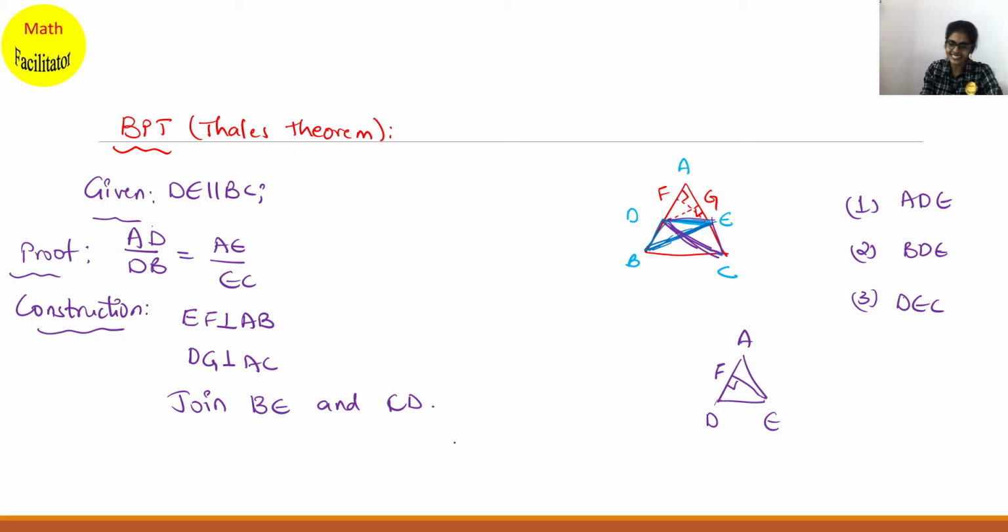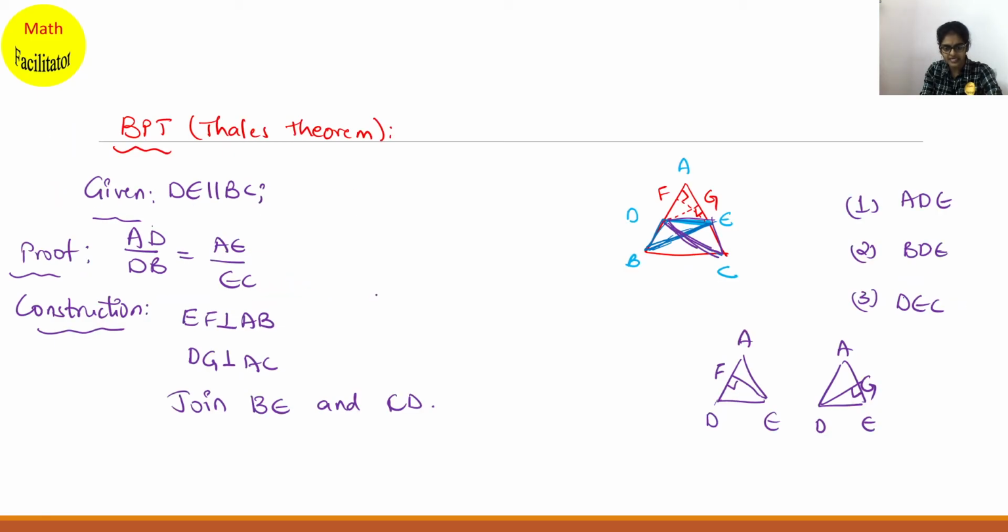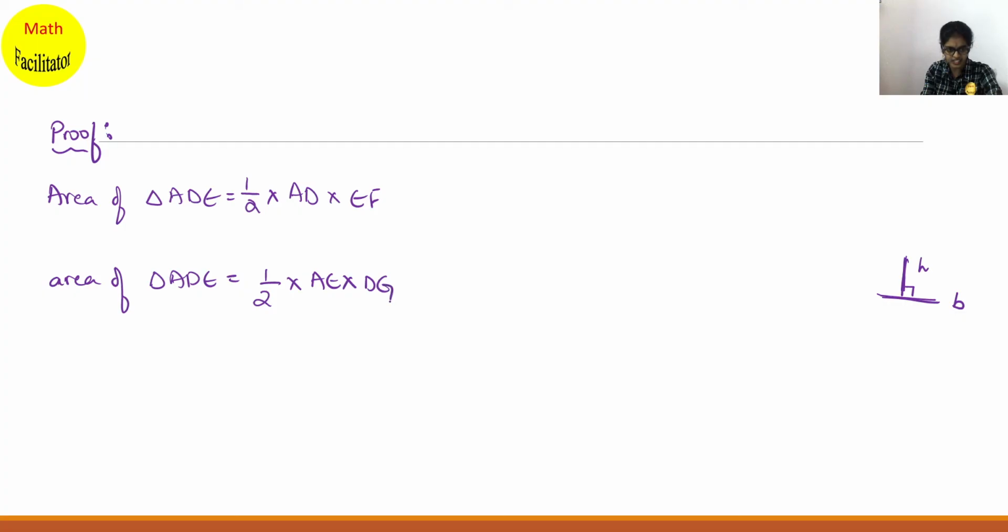Let's see the next area of the same triangle ADE. You also have one more perpendicular, DG, drawn on base AE. So area of triangle ADE, you can also write as half into base AE into perpendicular GD.